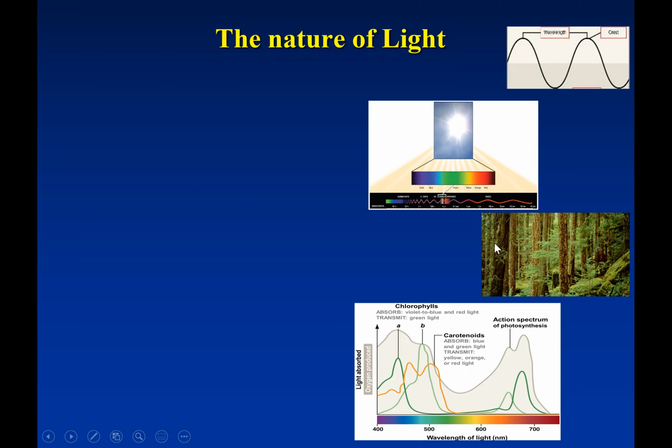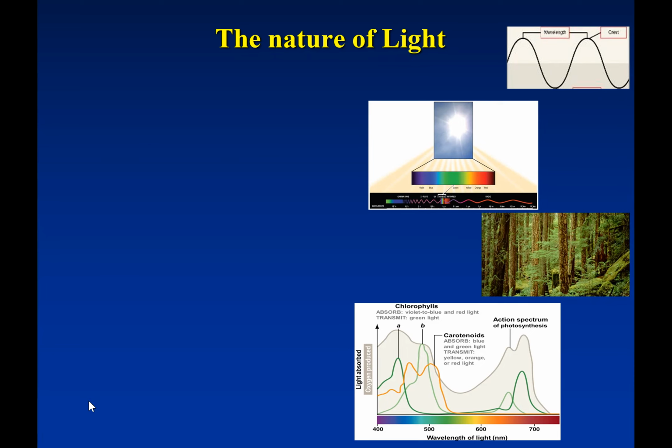For plants and other photosynthesizing organisms, the amount of sunlight is very different. For example, a tall tree has access to all the wavelengths, whereas different wavelengths of light are going to hit the forest floor. That is why plants have different pigments to absorb light.